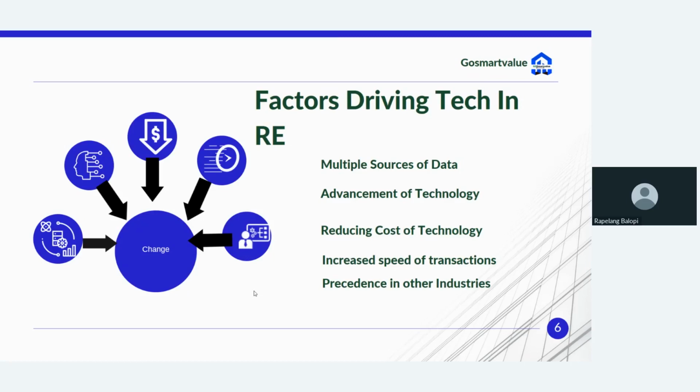We have also seen precedents in other industries where technology has been used to achieve efficiencies, to reduce wastage, and to reduce costs. As such, it is a normal progression for technology to be factored into the real estate industry.